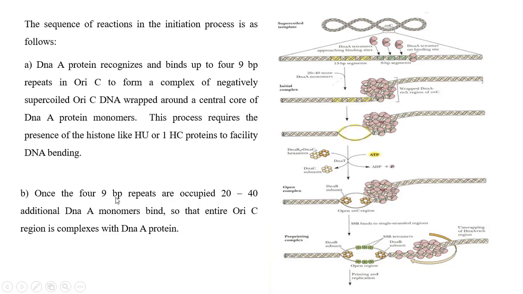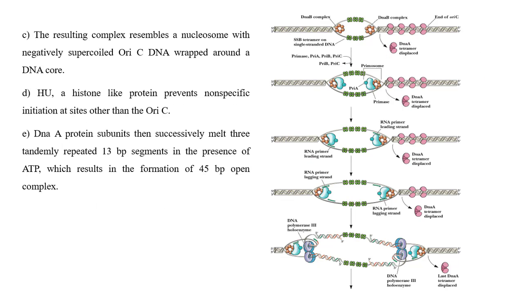Once the 4 repeats of 9 base pair are occupied, 20 to 40 additional DnaA proteins bind. First, only one DnaA protein recognizes and binds on the 4 repeats of 9 base pair. Then 20 to 40 DnaA protein monomers bind on those repeats in the oriC.